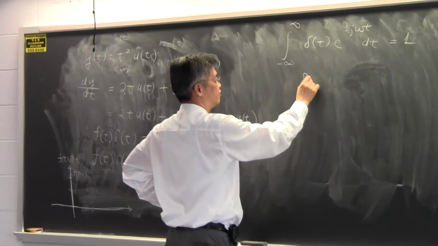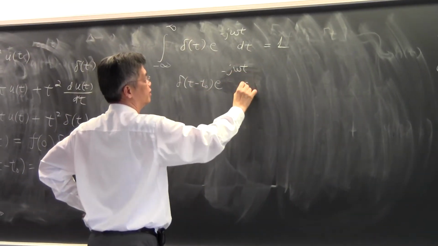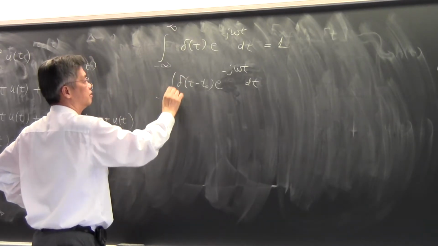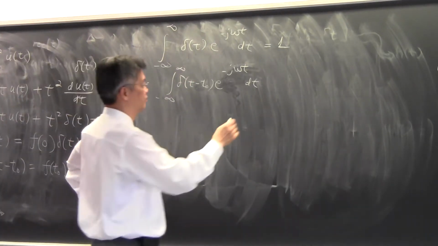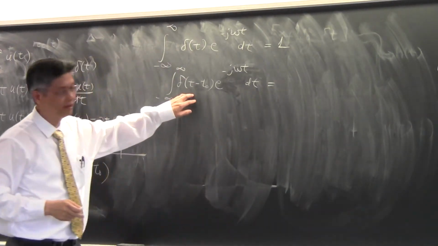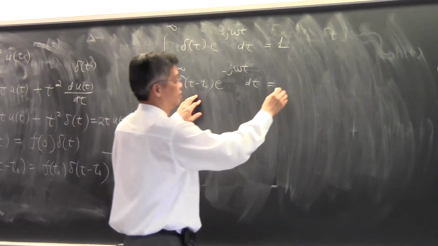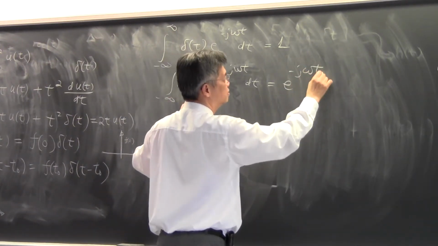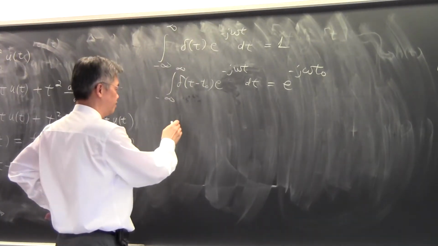What is the Fourier transform of delta t minus t naught? It will be this quantity over here. And what does this give you? Using the sampling property of the delta function, it will be equal to that.